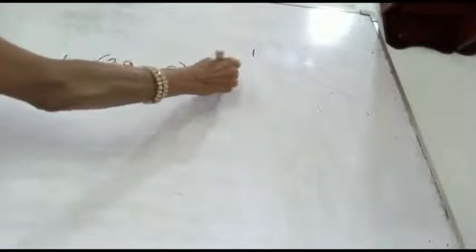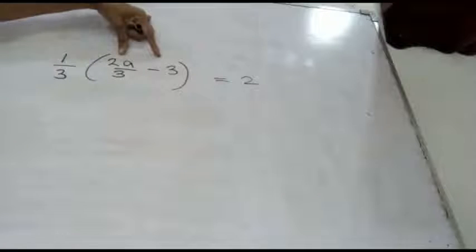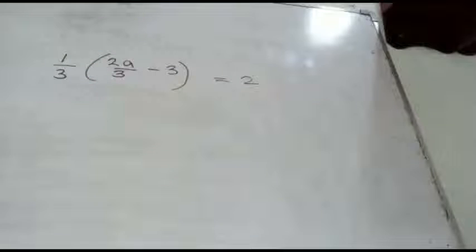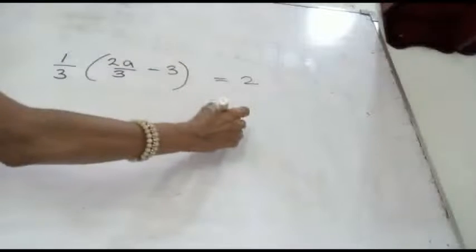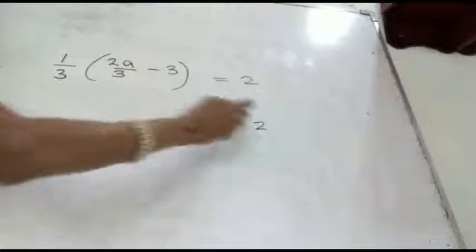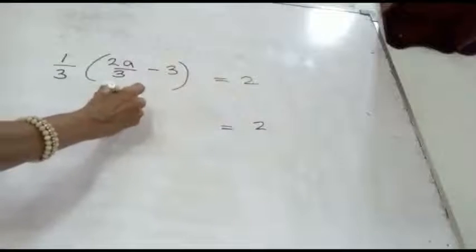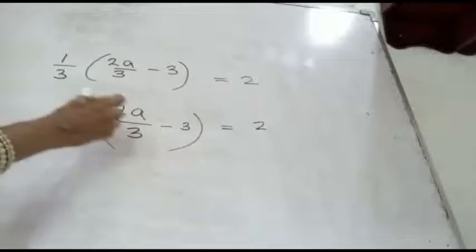(2a/3 − 3) is equal to... Every term on the left hand side is multiplied by 1/3. Here 3 is in the denominator. We can multiply both sides by 3.